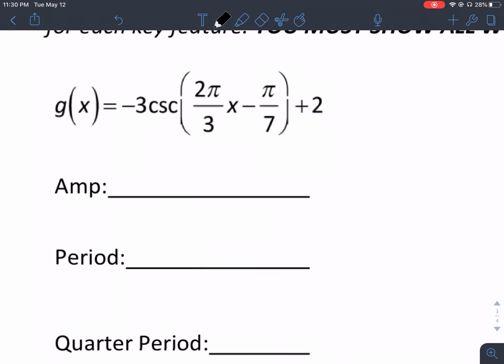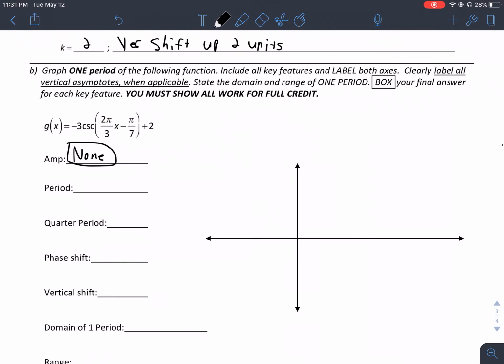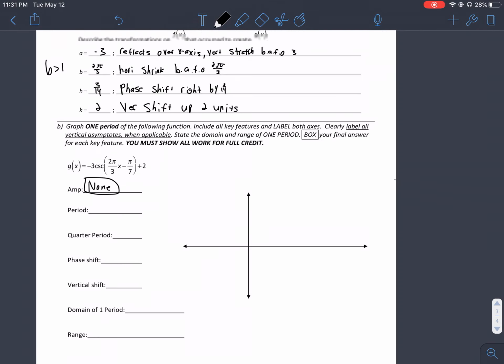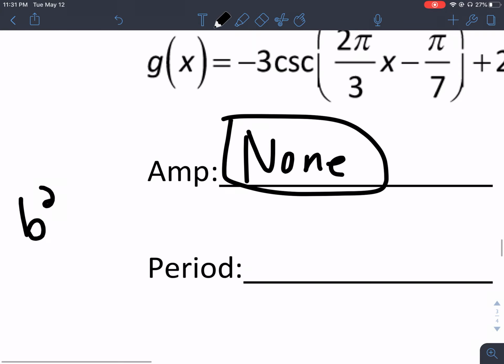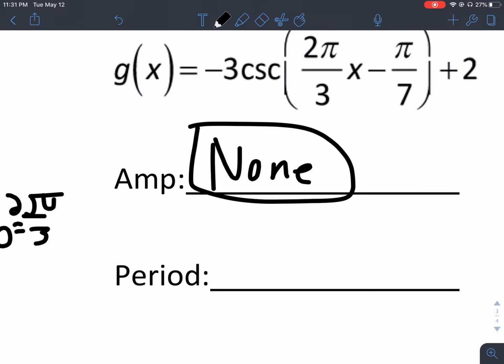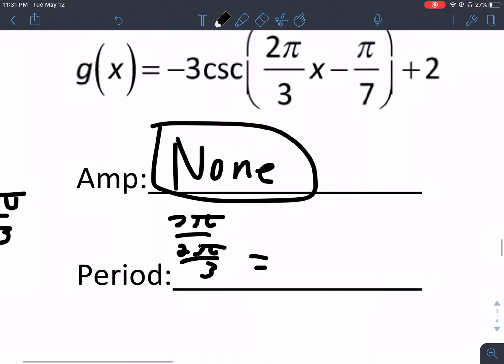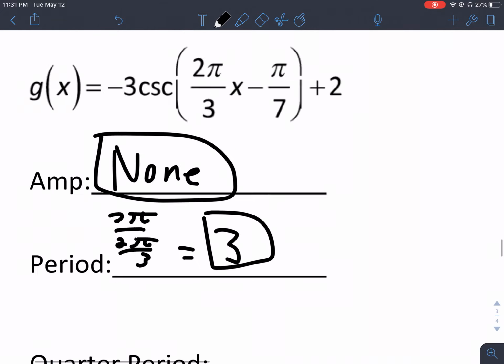So amplitude is none. And then the period is 2 pi over B. So B is 2 pi over 3, so we have 2 pi over 2 pi over 3. That all cancels out to be 3. So our period is 3.